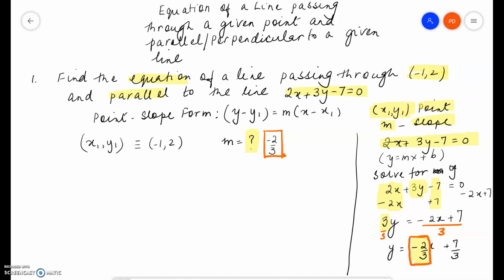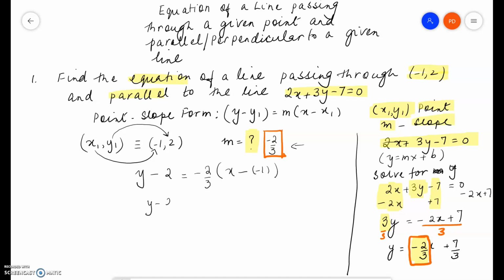We can use the point slope form: y minus y1, which is 2, equals m, which is negative 2/3, times x minus x1, so that's minus negative 1.